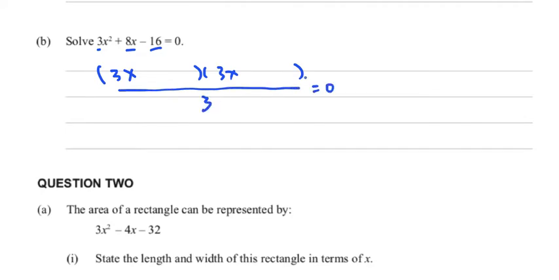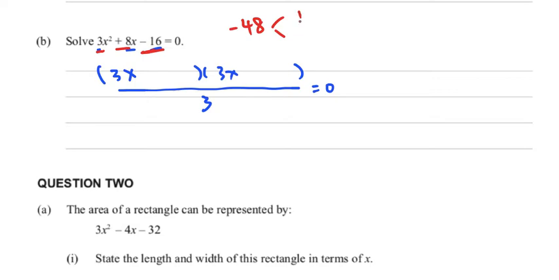That whole thing equals 0. We're looking for 2 numbers over here to fill it in. Times together equals a times c. Just to remind you that's negative. So a times c gives you negative 48. And 2 numbers add together and give you positive 8.